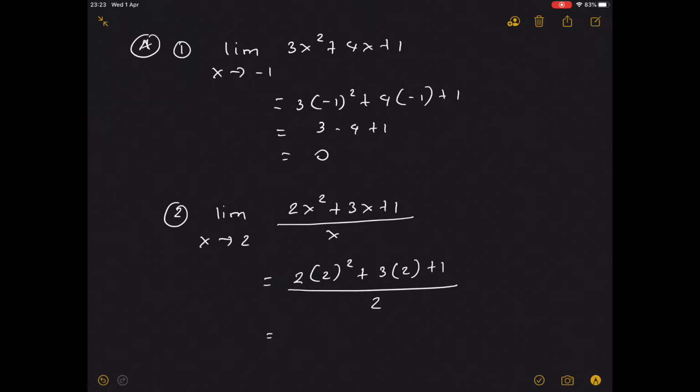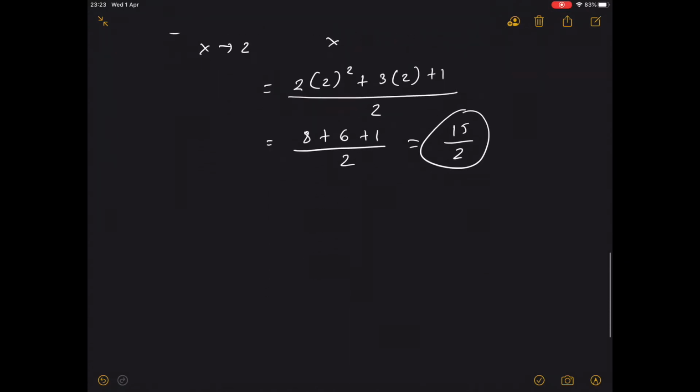So we will have now 2 to the power of 2 is 4, times 2 is 8, plus 6 plus 1, all over 2. That will give you 15 over 2. So your limit will be 15 over 2 by just simply substituting the value. But there will be some types like this.